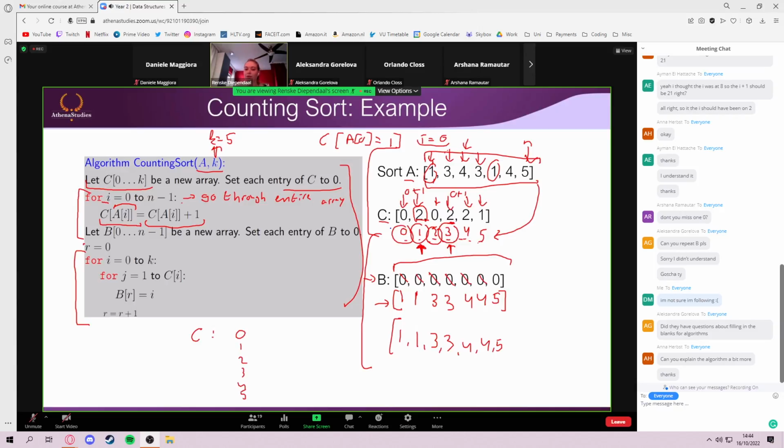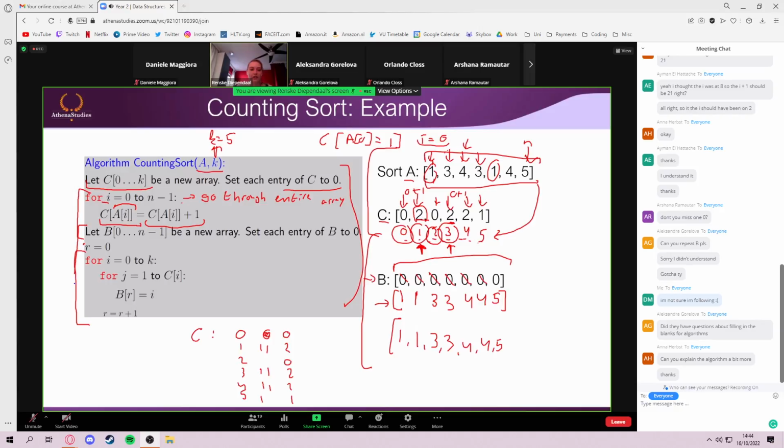And you say, okay, I see a 1 over here. I see a 3 over here, so I'm going to tally it. I see a 4 over here. Another 3. I see a 1 again, another 4, and a 5. And you just write it down in the list. So over here we have 0, 2, 0, 2, 2, 1. If that makes sense. So this is sort of how you count the numbers.